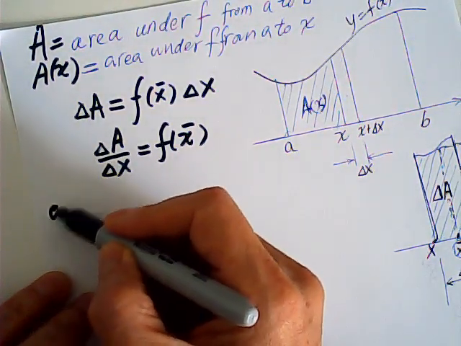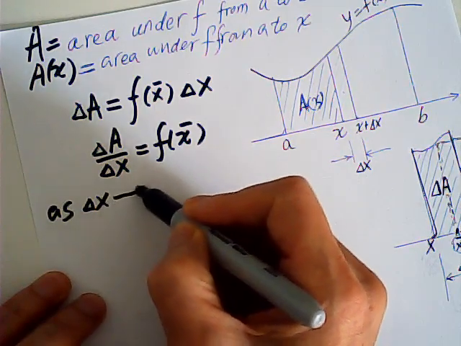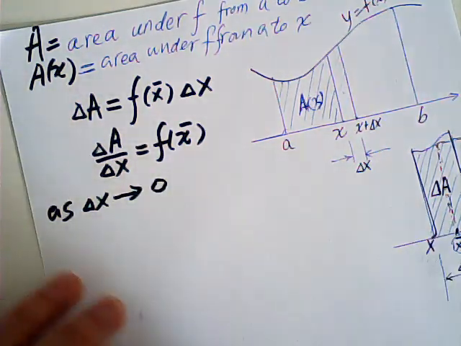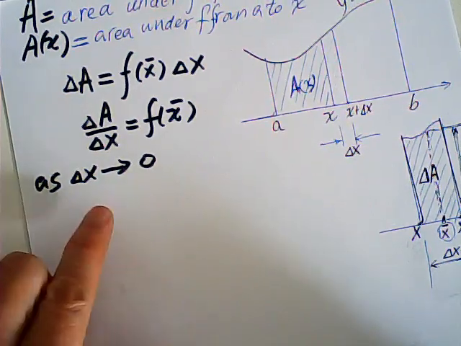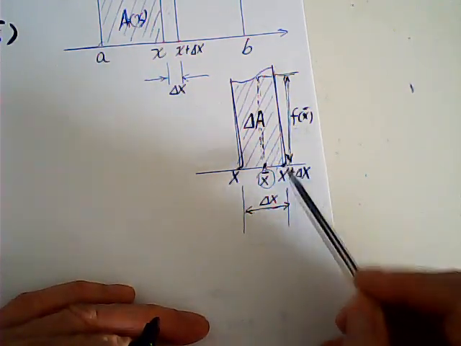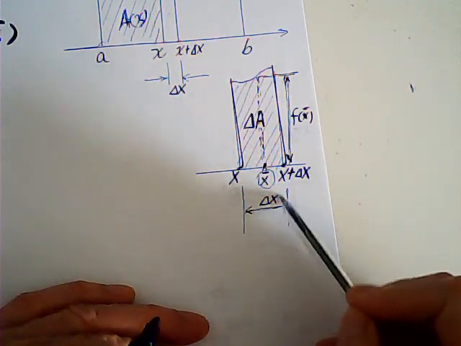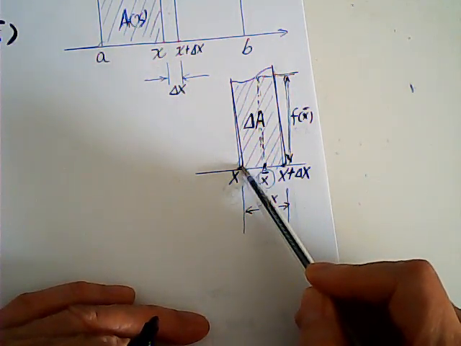Then, this is important, as delta x approaches 0, which means this point moves towards x.